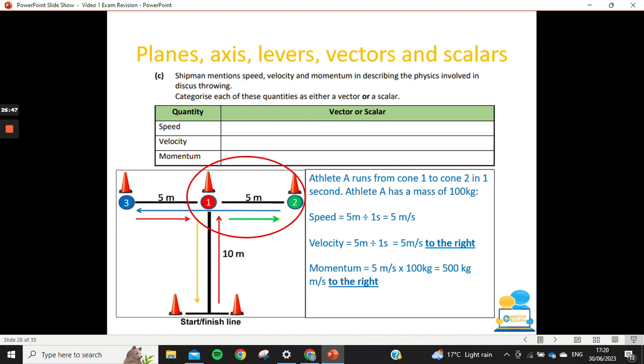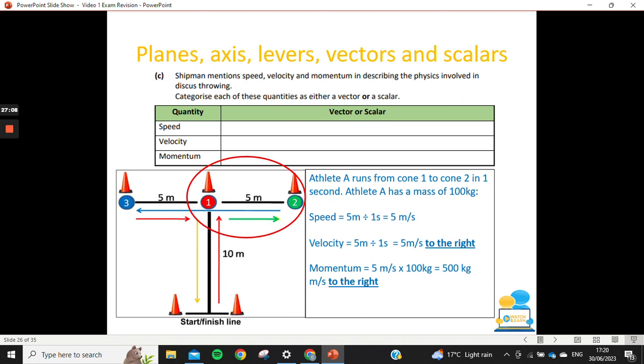The velocity, as we mentioned earlier in the lesson, is concerned with the magnitude and the direction. So the velocity would be 5 meters divided by 1 second, and in this test, the velocity from cone 1 to cone 2 would be 5 meters per second to the right.